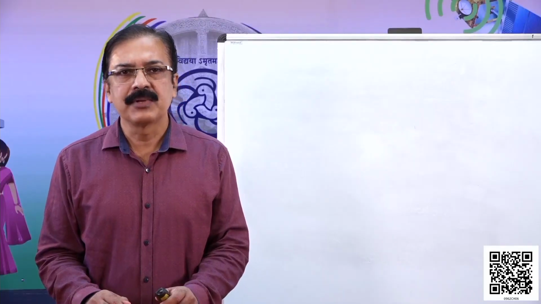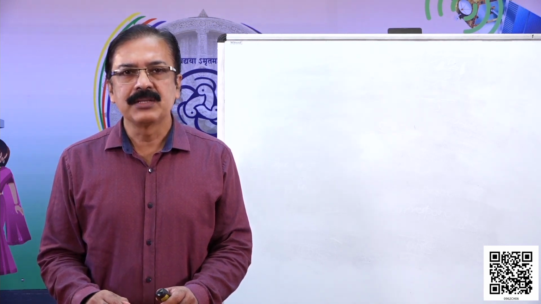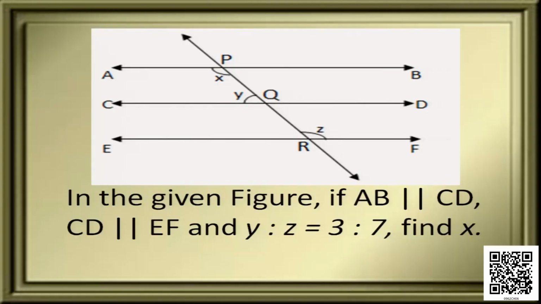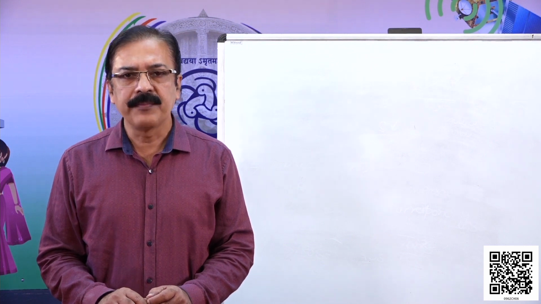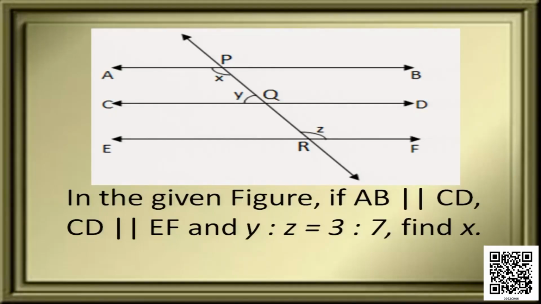Now, let us have some problems in which we will apply these theorems. See, here the question is: in the given figure, if AB is parallel to CD and CD is parallel to EF, and Y:Z is equal to 3:7, find X. So, from this statement, we see that AB is parallel to CD and EF is also parallel to CD.